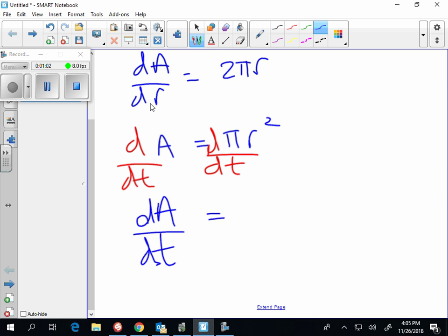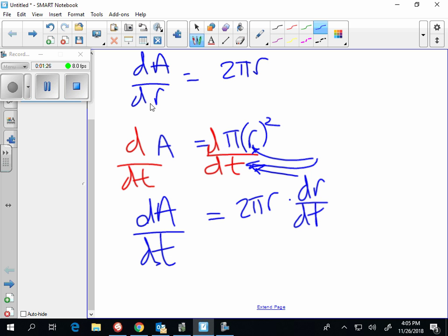And on the right-hand side, look, we're not taking the derivative with respect to r, we're taking it with respect to t. So we're going to have 2 pi r, because we took the derivative of the outside function, and now we're going to go back and take the derivative of the inside function with respect to time. So times dr/dt.